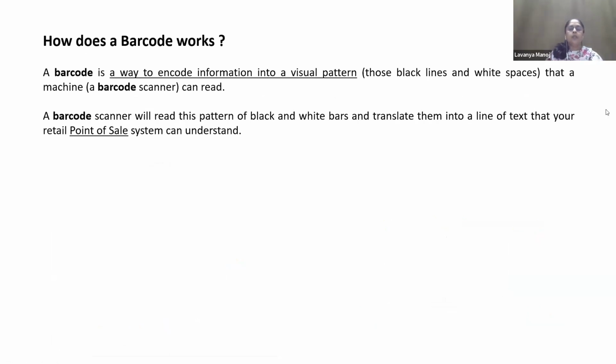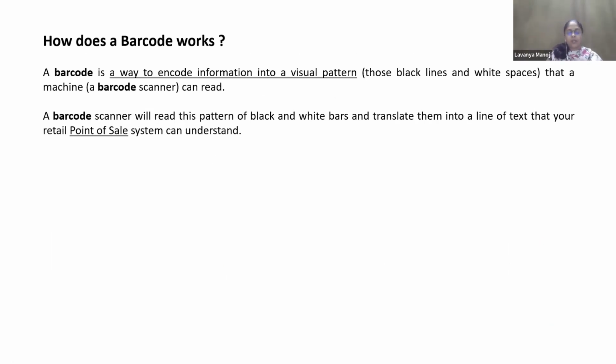So it is a way to encode information into a visual pattern. That is, whenever the barcode is being scanned, the visual pattern of the barcode is scanned by that RFID scanner, and that information is converted into machine readable language.